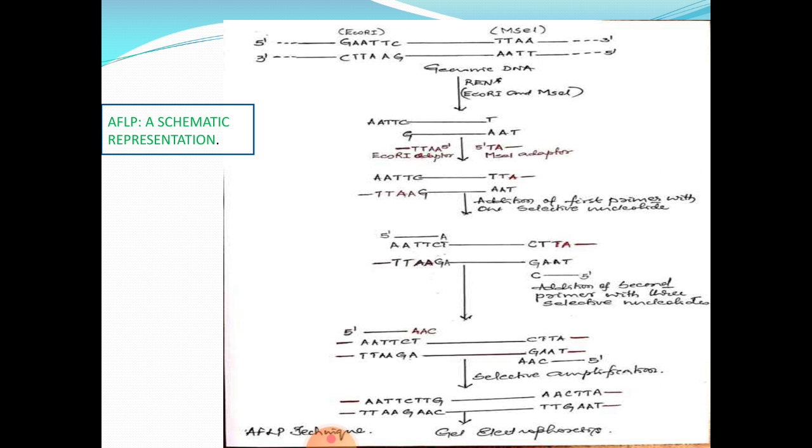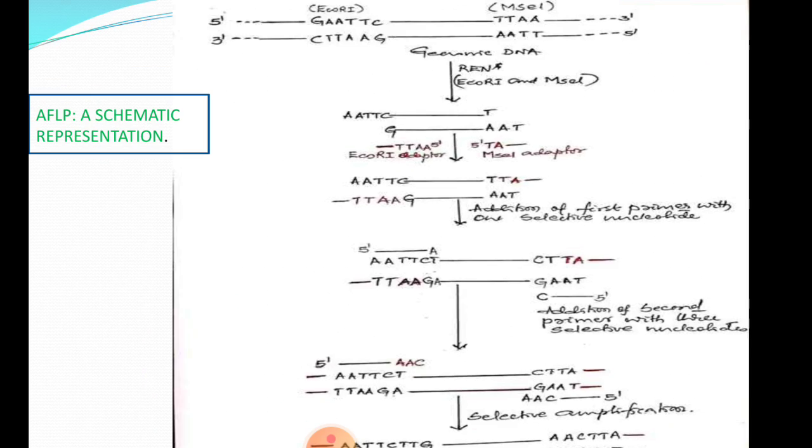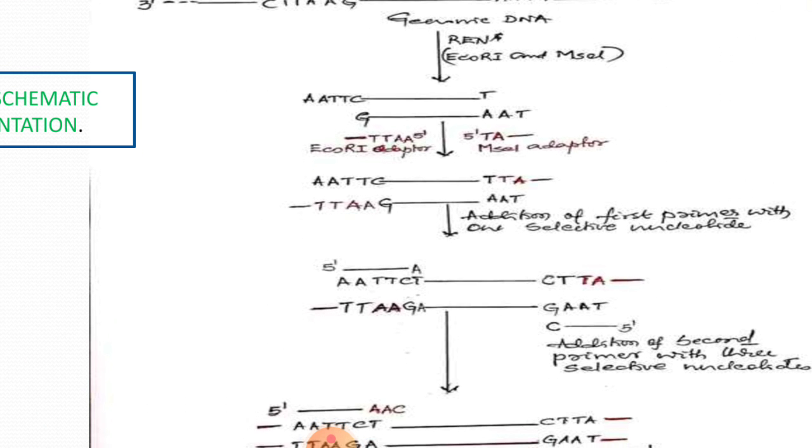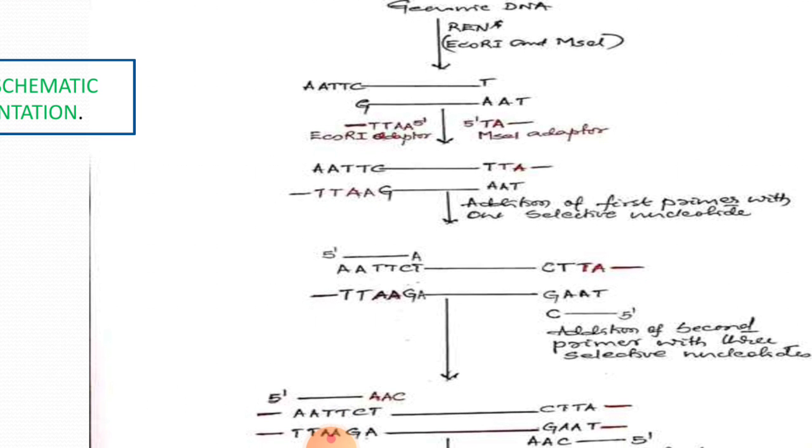These two enzymes will cleave the DNA and result in small DNA fragments which are less than 1 kb so that they can be amplified by PCR. So in the second step you can see you will get the restriction digested products.